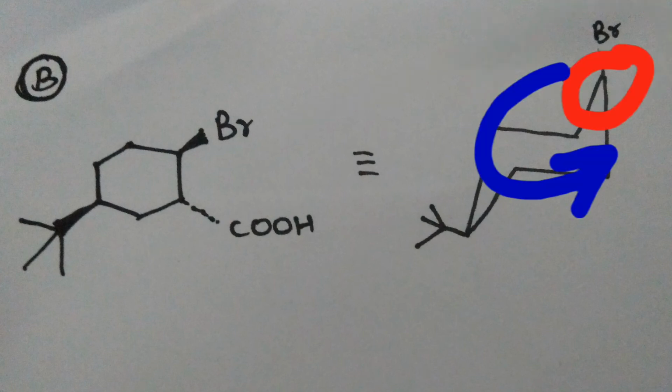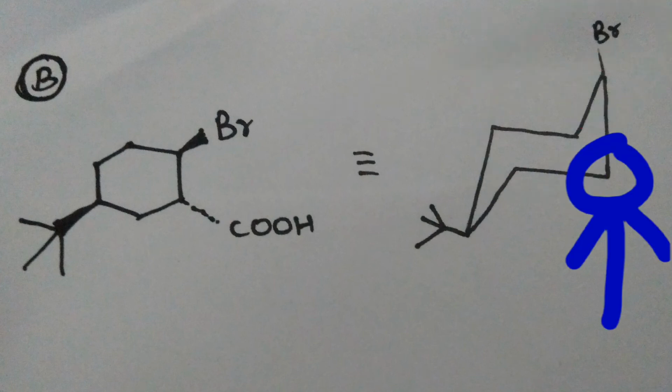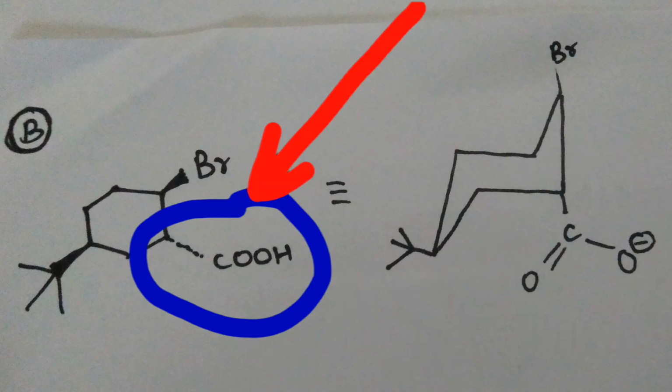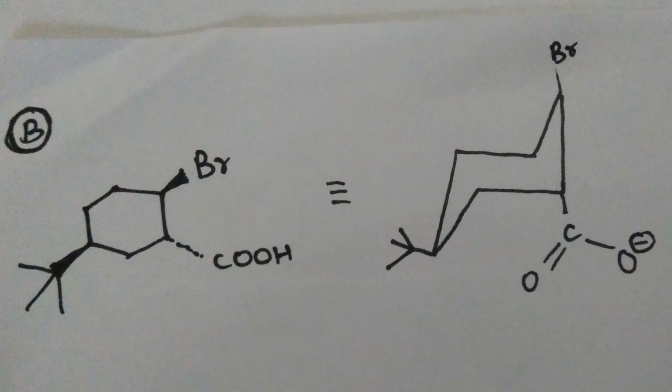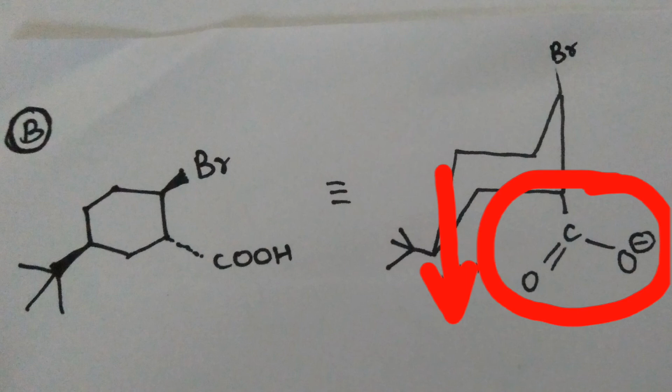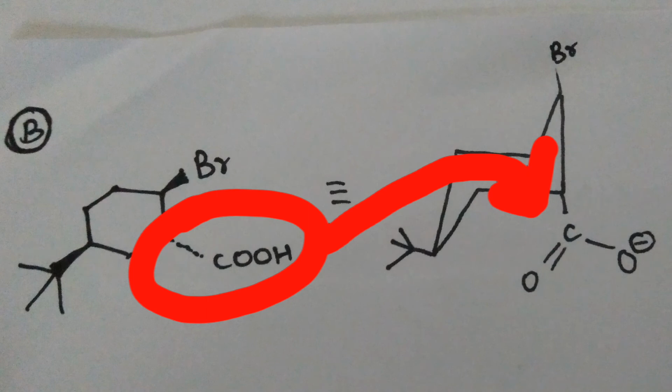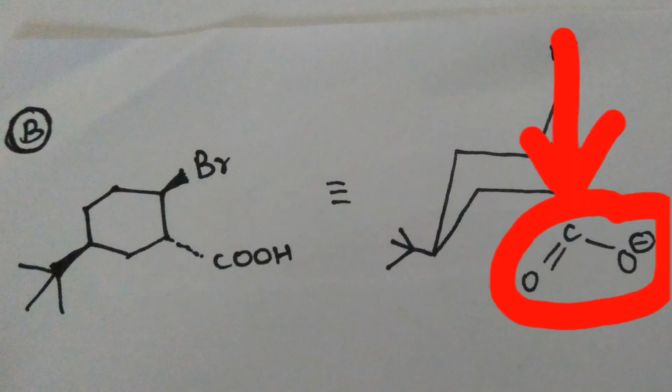Very next to this carbon, we have this carbon, and it will have the carboxylic group. Now here it is shown below the plane of the paper. Since it is below the plane of the paper, the axial group over here, which is facing downwards, is below the plane of the paper. So the carboxylic acid group will be placed here, which is below the plane of the paper.